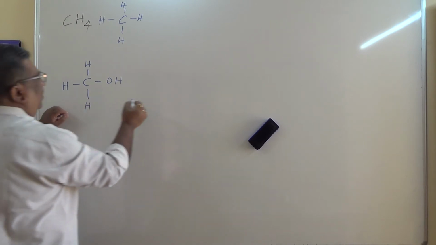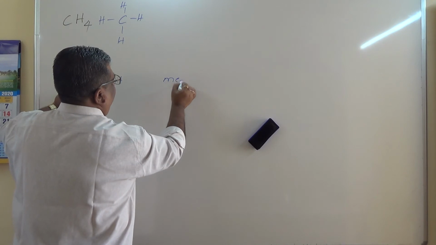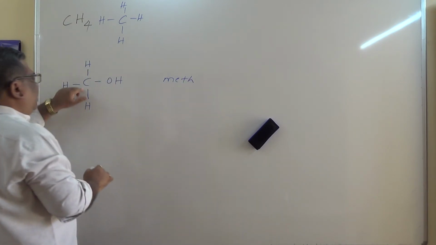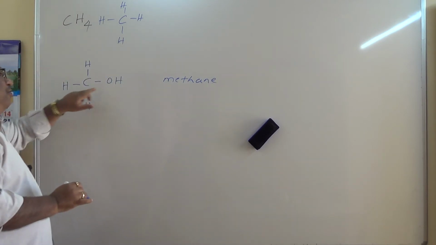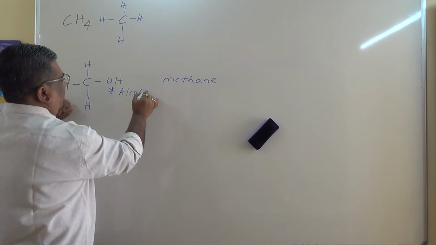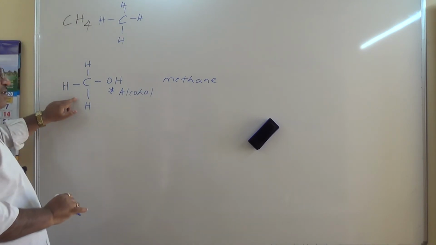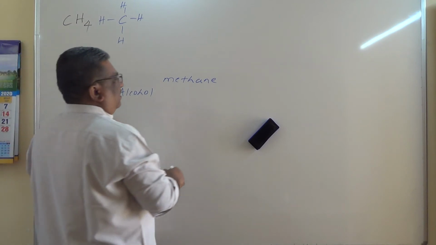How do you read this one? Root word single carbon atom, meth. All single bond, ANE. Functional group, alcohols. Alcohol is the functional group. If alcohol is the functional group, secondary suffix is to be added. What is the secondary suffix?